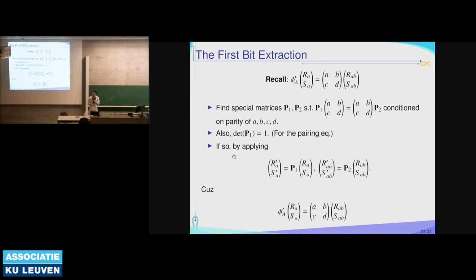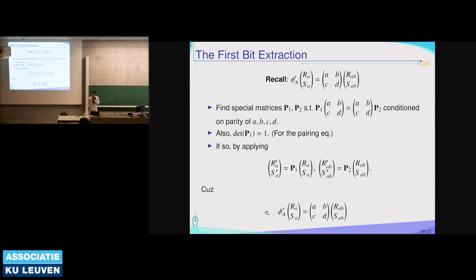If we find this kind of matrix conditioned on the parity of ABCD, then we can set RA prime, SA prime to be P1 applied to RA, SA, and RAB prime, SAB prime to be P2 applied to RAB, SAB.